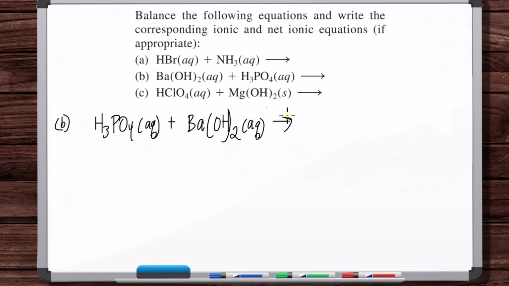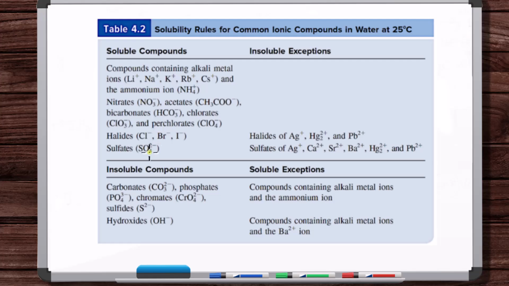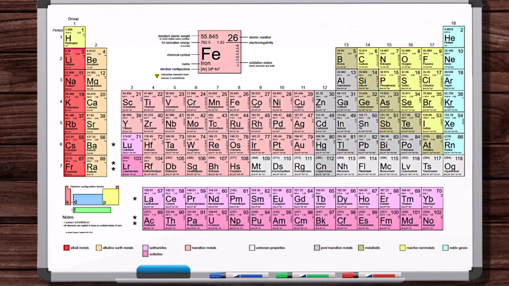Okay, the salt is going to be, you have Ba2 plus interacting with PO4 3 minus. So barium phosphate is an ionic compound that is, phosphates are insoluble except when bonded with the ammonium ion or an alkali metal.